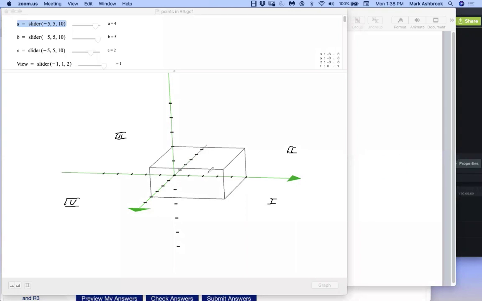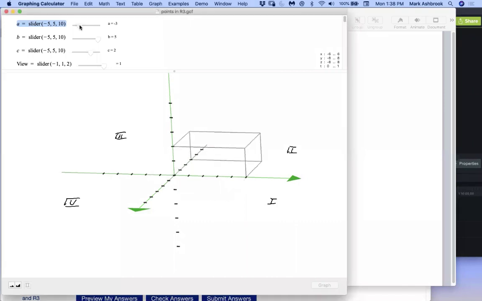So you see this box is above the XY plane. It's in the first octant. Okay, and so then that box is in the second octant. Third octant. Fourth octant. Back to the first.